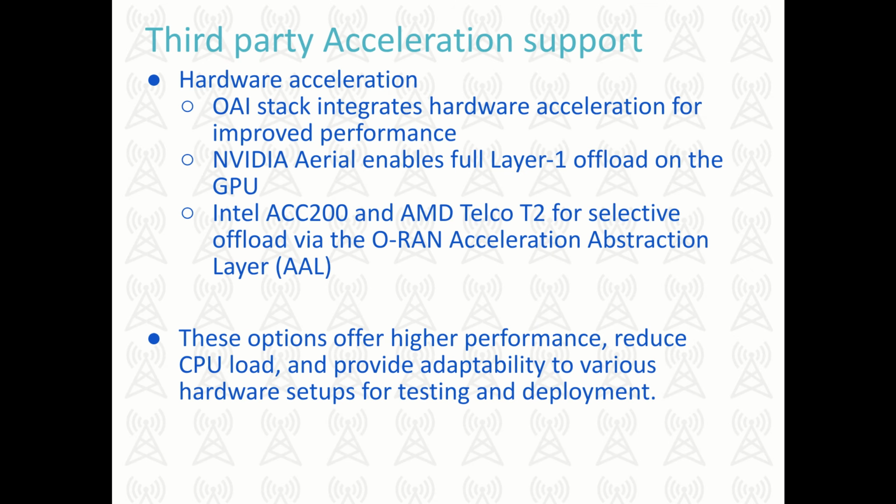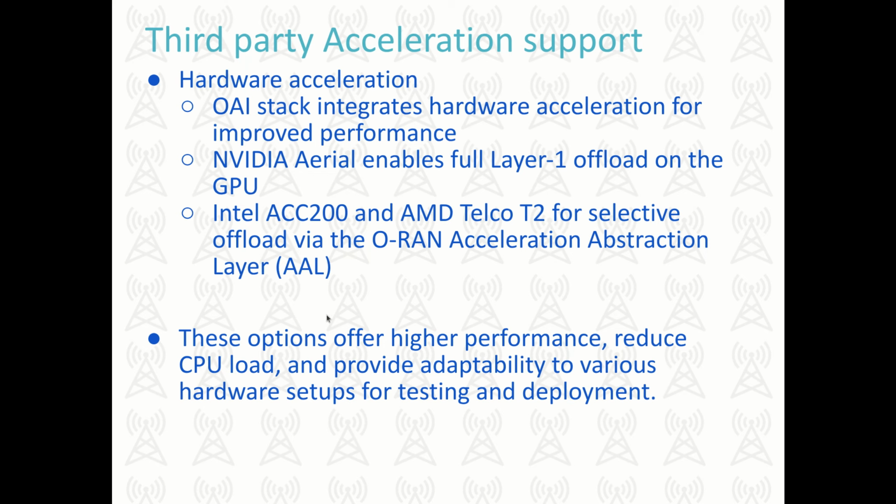Yeah. So for the third party, there is one advanced feature. The OAI 5G RAN has been interfaced with some third-party acceleration support. For example, NVIDIA has enabled an L1 implementation on GPU. Similarly, Intel and AMD also have some implementations, FlexRAN, and I think something else is also there, and even AMD also has.